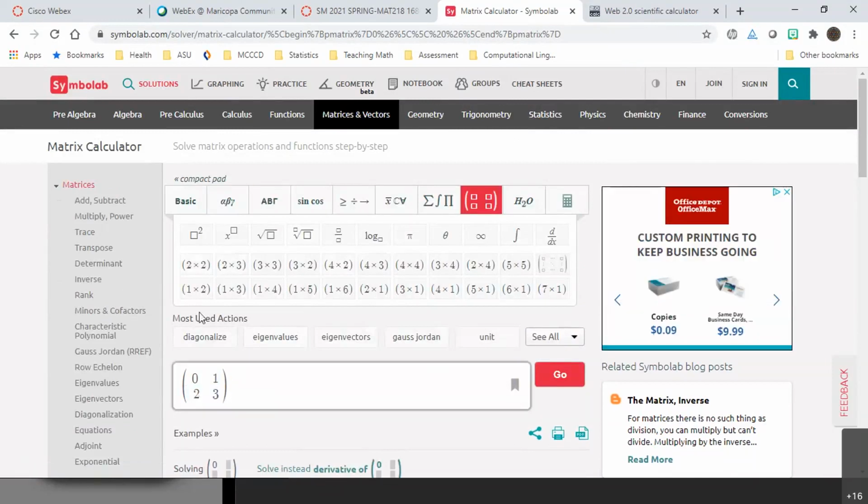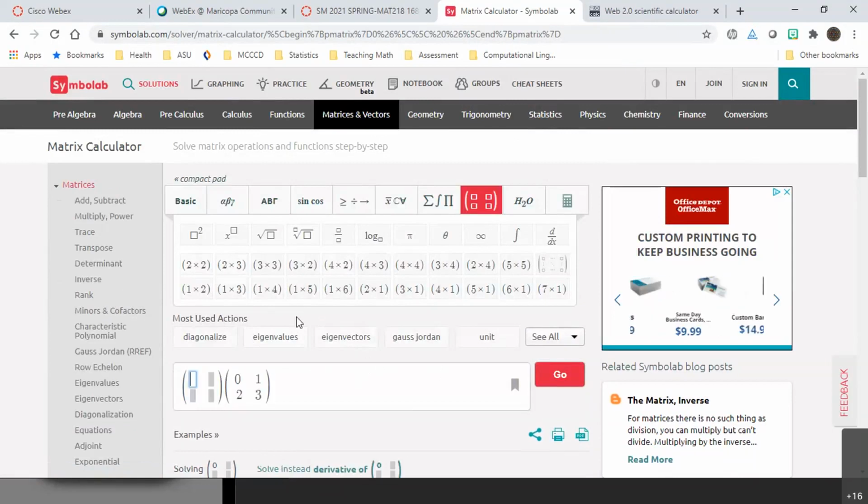Okay, and that's matrix A. And now I want to multiply B ahead of it instead of behind it. So put a 2 by 2 ahead of it. And again, matrix B was 5, 7, 4, and negative 1.